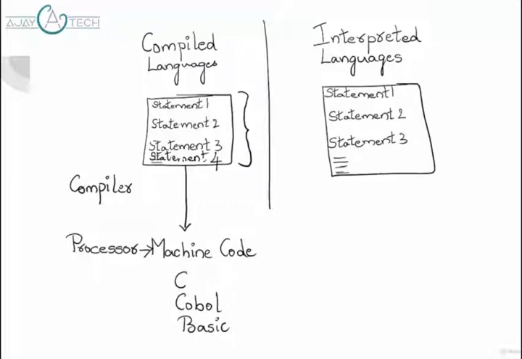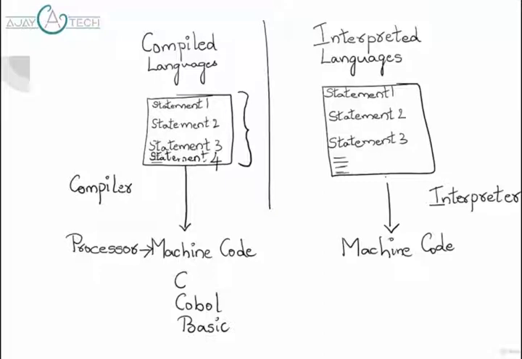Coming to interpreted languages, an interpreter translates code into machine code. So it translates code into machine code, but in this case we have an interpreter that does this job. So what is the difference between a compiler and an interpreter? The interpreter translates code instruction by instruction.